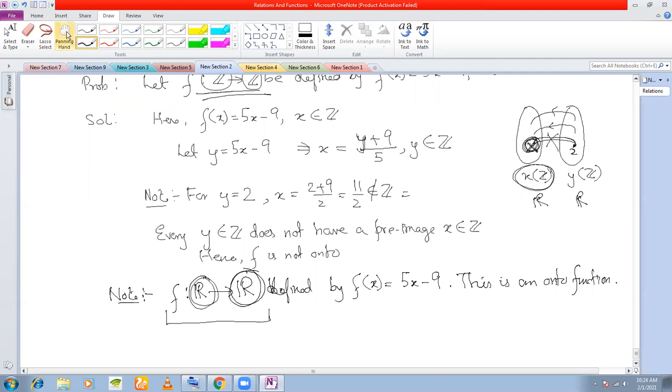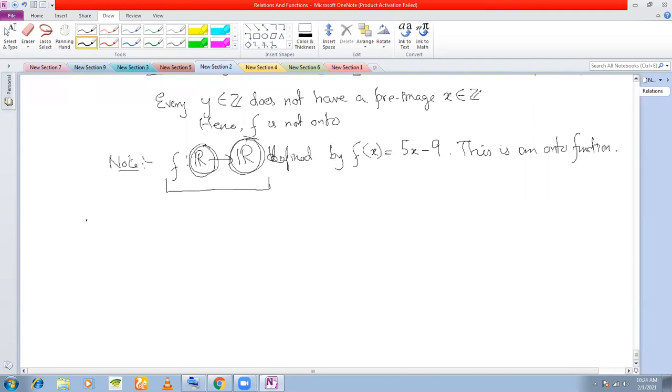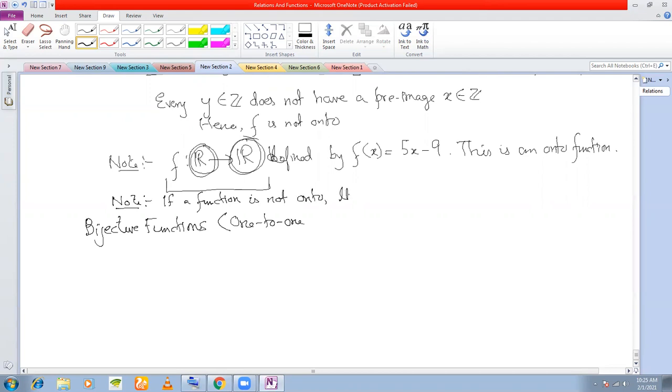Now bijective function is very easy. If you know injectivity and surjectivity, the bijective functions are very easy. Bijective functions are also called one-to-one onto functions. One note here before I move on: if a function is not onto, then it must be an into function.